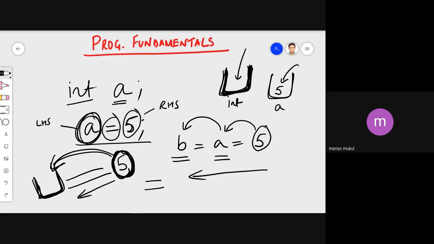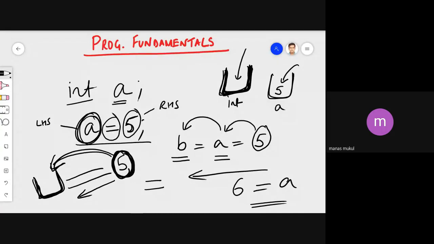Now if you do something like this, 6 is equal to a, what is happening here? We have written it in the opposite way. If you look at it at a glance, you may think that it is correct, but it is incorrect, and written backward it will not work.